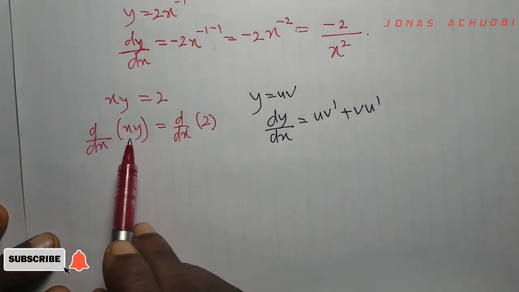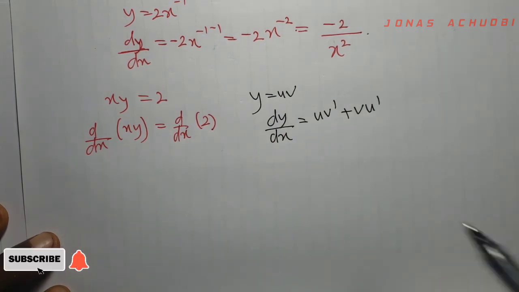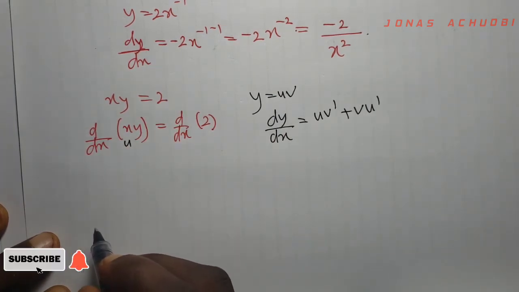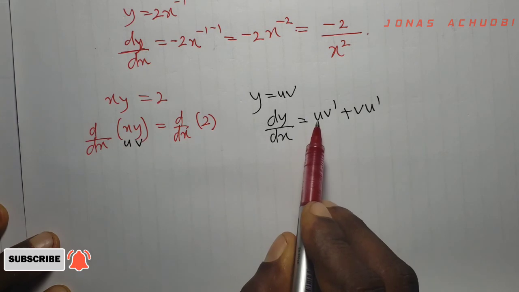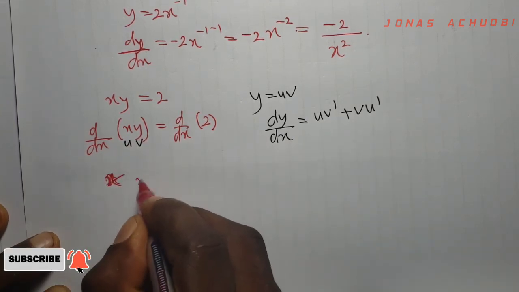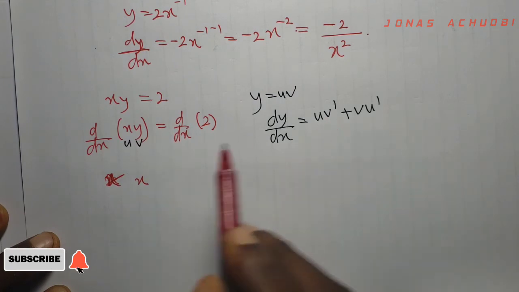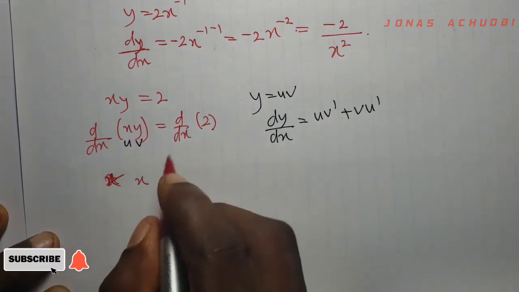Let's proceed. This is a product. So our u here is the first function, which is x, and our v, the second function, is y. So we keep u, which is x, and we differentiate v, which is y. When we differentiate y, what do we get? We get 1, right?